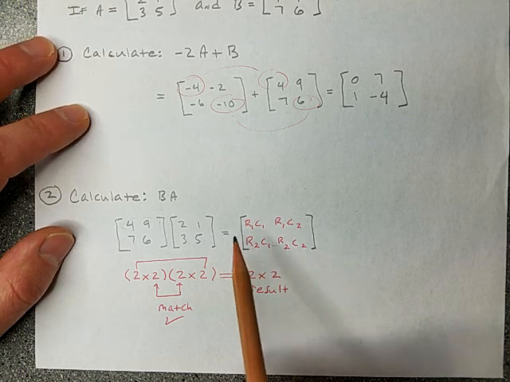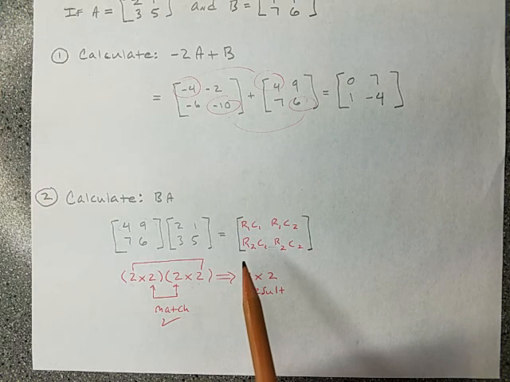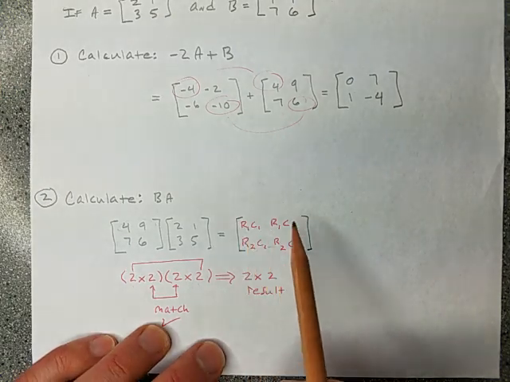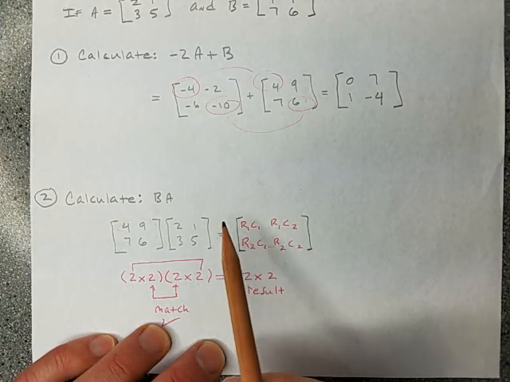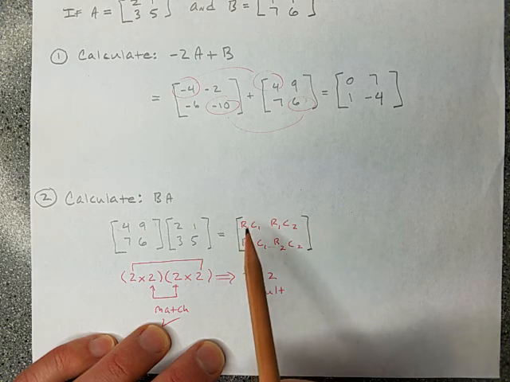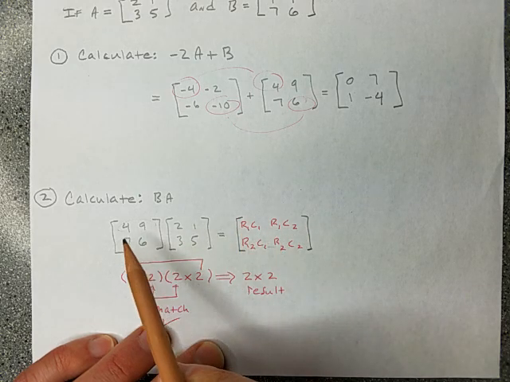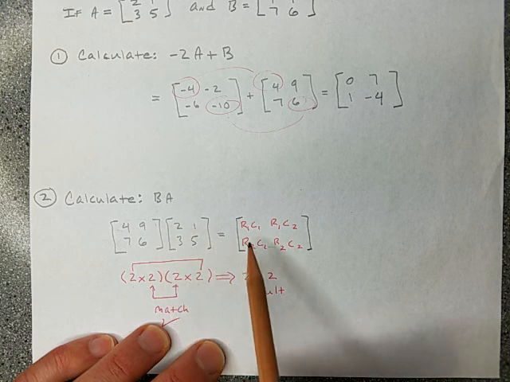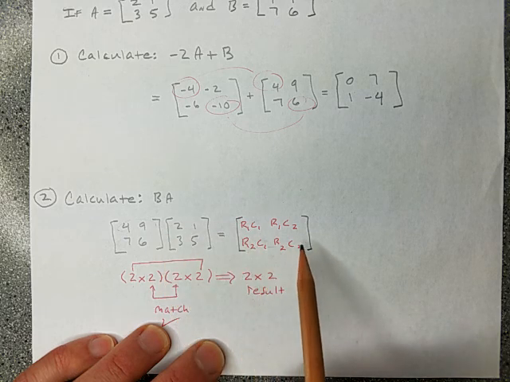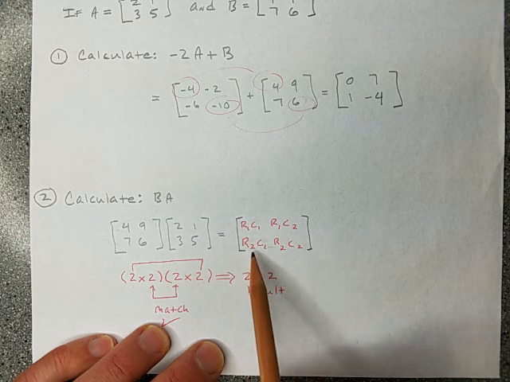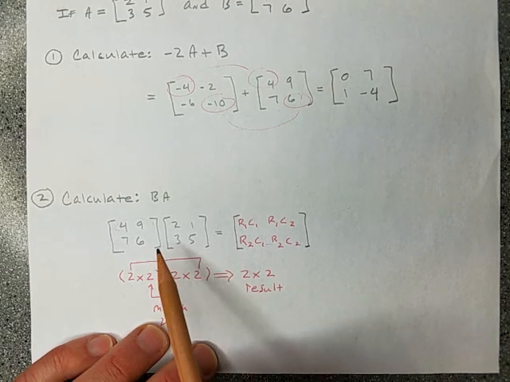Now, if you really want to pick this apart and make it even more general, notice that in my answer, in this row, each result is obtained from row 1 of the first matrix. And in this row, each result is obtained from row 2 of the first matrix.